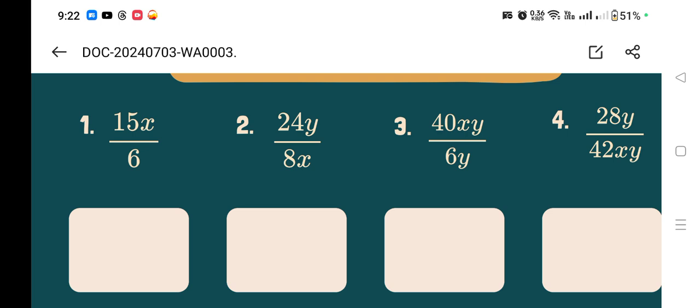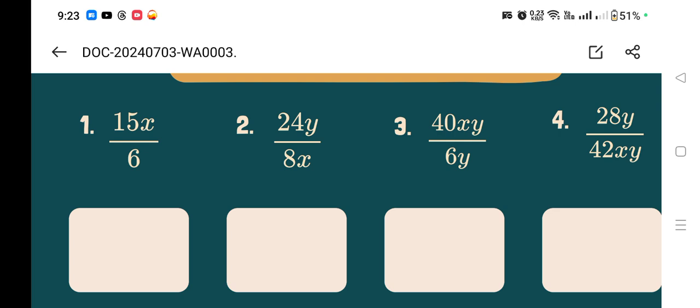In number 2, 24y by 8x, you can see that both numbers are present in the table of 4. 4 how much are 24? 4 6s are 24, and 4 how much are 8? 4 2s are 8. Now again you got 6 and 2, so they also get cancelled out.